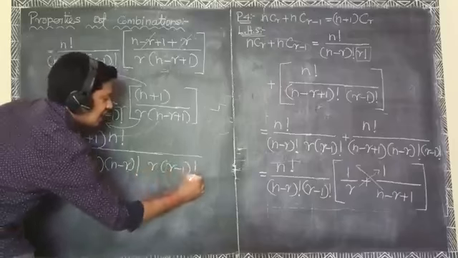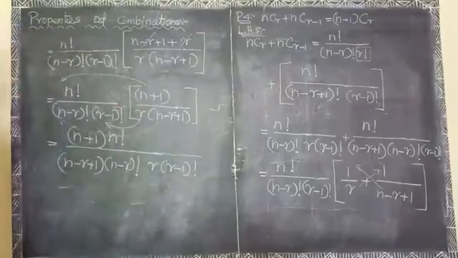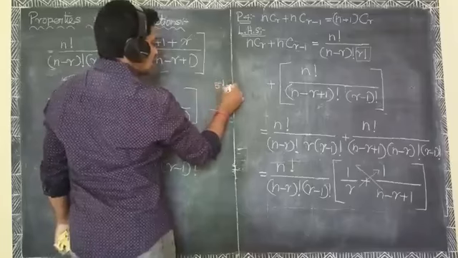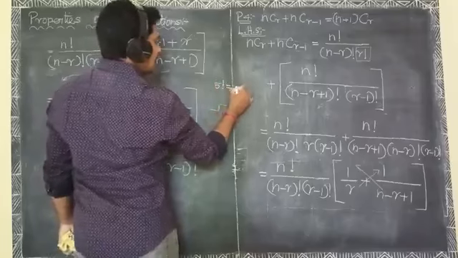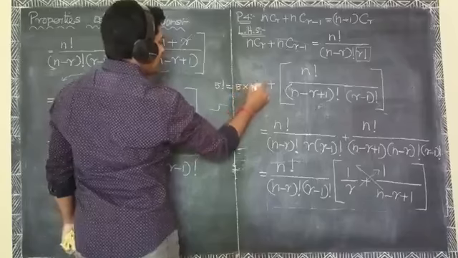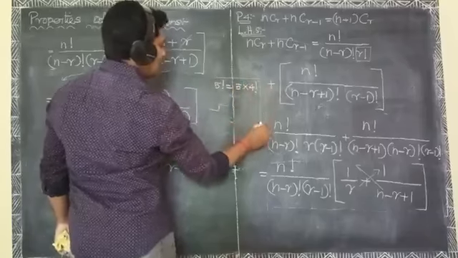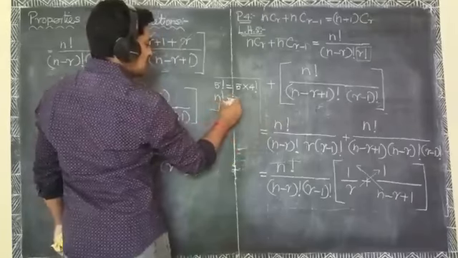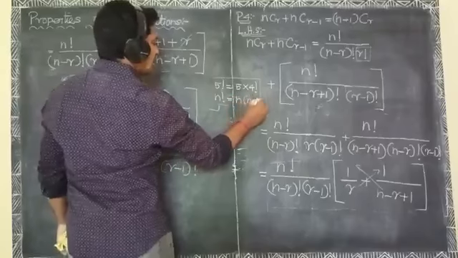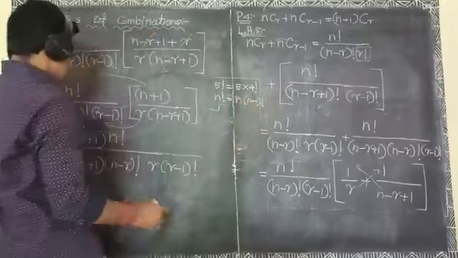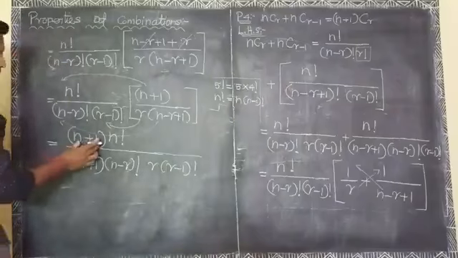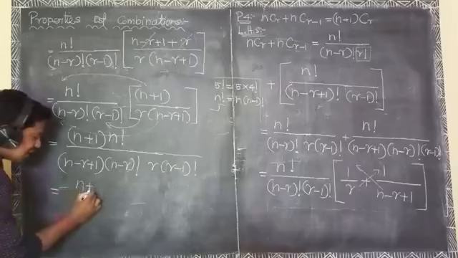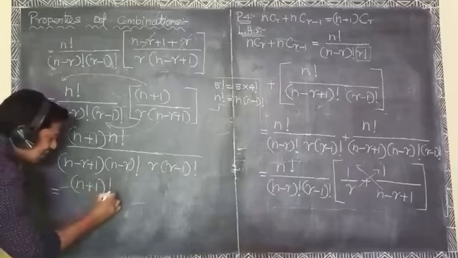Here we know that 5 factorial can be written as 5 into 4 factorial, and similarly n factorial is equal to n into (n minus 1) factorial. Using the formula, (n plus 1) into n factorial gives (n plus 1) factorial.